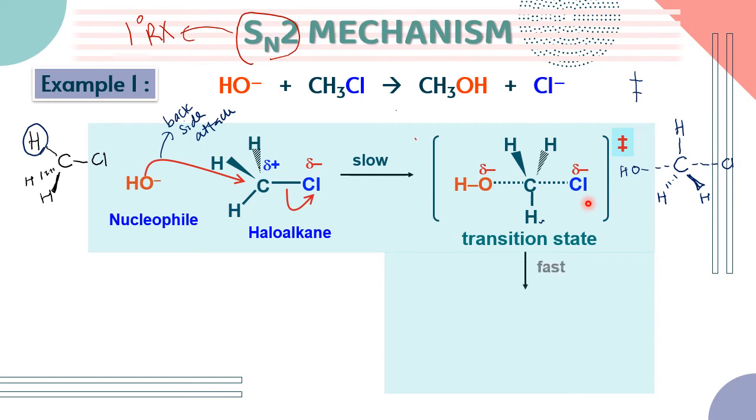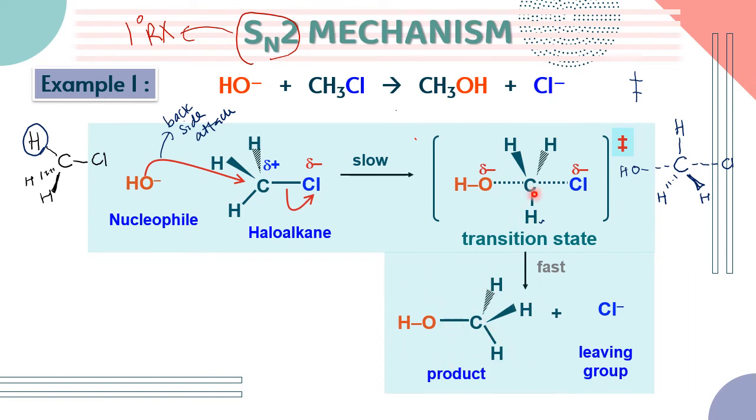Okay, so next one is the first step. Carbon chlorine bond akan break, so akan jadi leaving group, dan carbon oxygen bond akan form, so you will have your product. Jadi bila kita nak lukis produk, so 2 bond yang dekat atas ni tadi dia akan tertolak ke sebelah kanan. So, jadi macam ni lah.